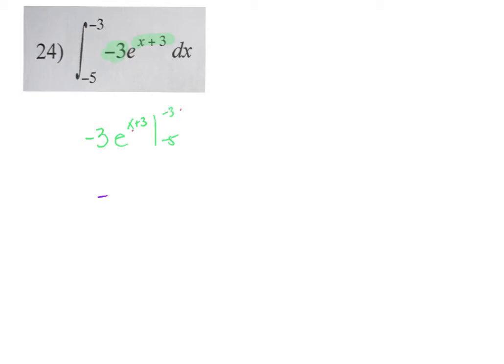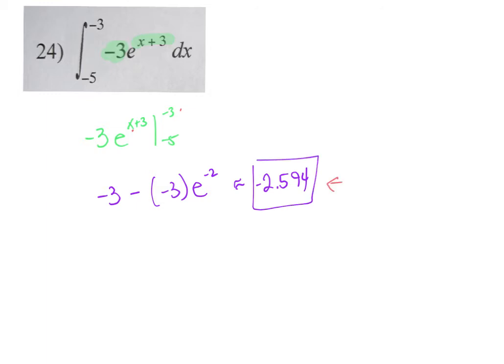So you have negative 3 e to the 0, which is just 1, and then minus negative 3 e to the negative 2. And they solved it all, but if you plug it in, you're just going to get that right there. They got a common denominator and all that good stuff. If you look at what they did, we have negative 3 plus 3 over e squared, and then they got a common denominator over e squared. That's how they got the answer they got, by the way.